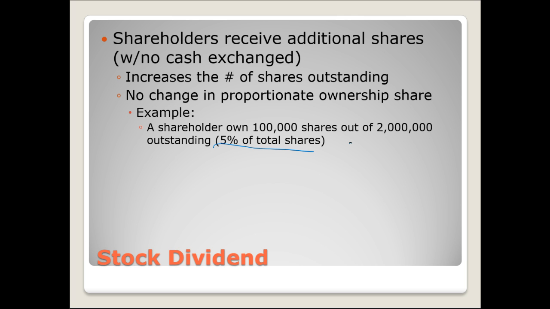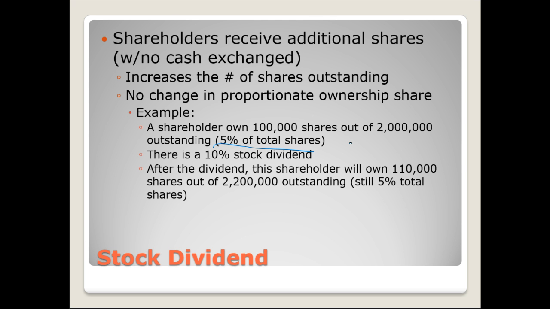The company decides that there will be a 10% stock dividend, meaning they are going to give 10% more shares to every shareholder. That means after this dividend, this particular shareholder will now own 10% more. So they had 100,000 shares, they'll now have 110,000. And every shareholder got 10% more, which means instead of having a total of 2 million shares outstanding, there will be 2.2 million shares outstanding.